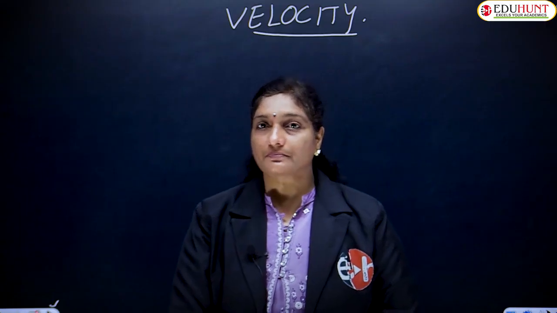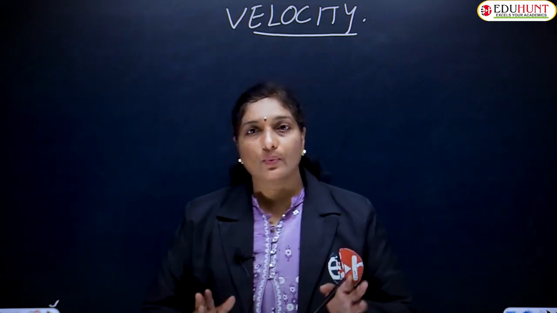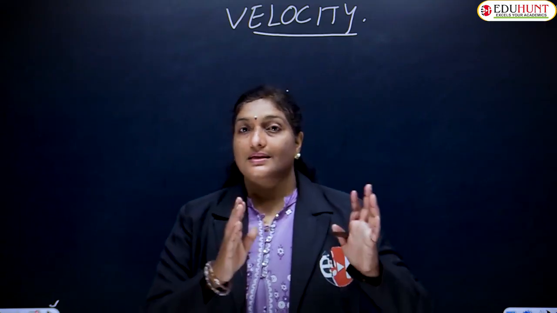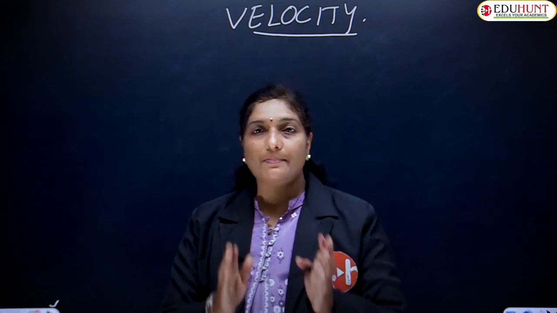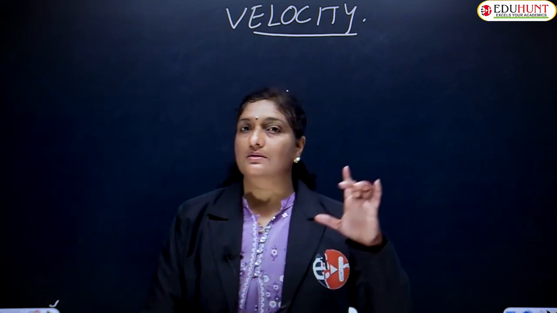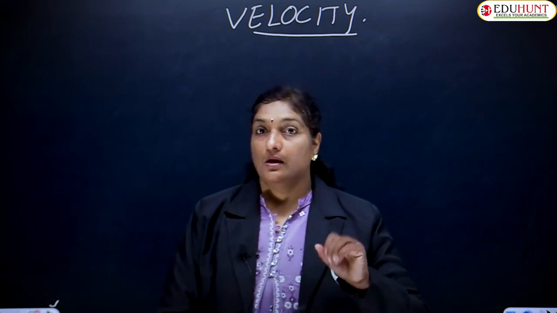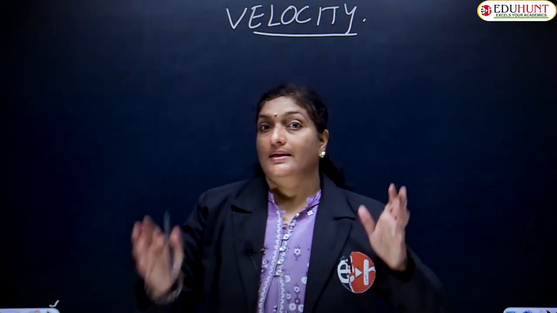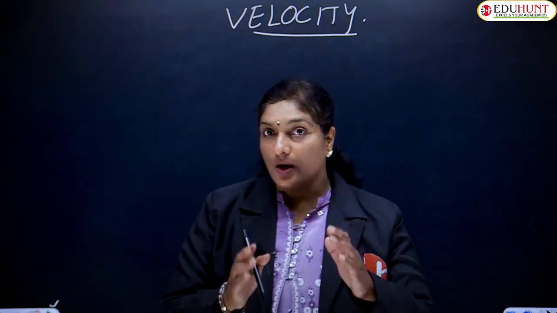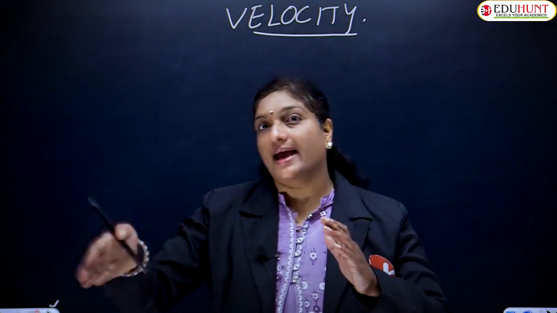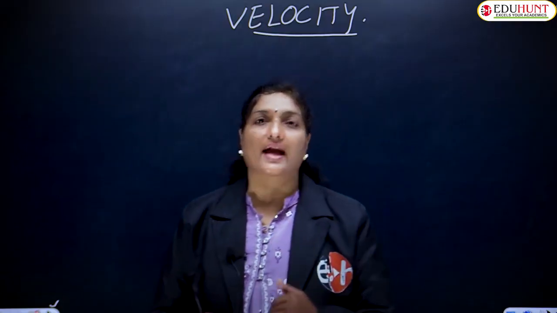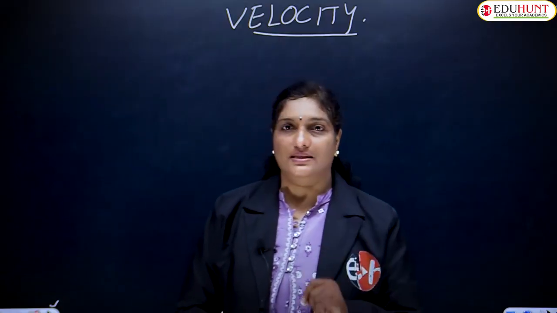Okay children? Earlier we discussed that the distance covered by a body per unit time is called speed, whereas the distance covered by a body in a specified direction per unit time is called velocity.